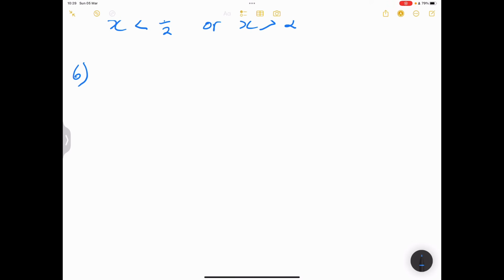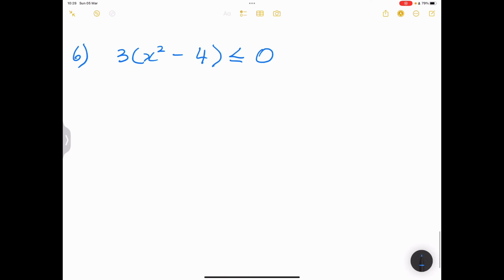And in this case, when you give out that answer, I am simply going to say 3 into x squared minus 4 to be less than or equal to 0. All right, please give us the answer to this one. Tell us in this case what your solution will be.